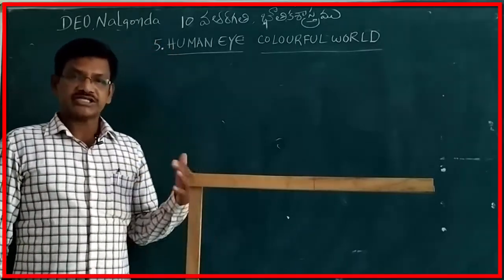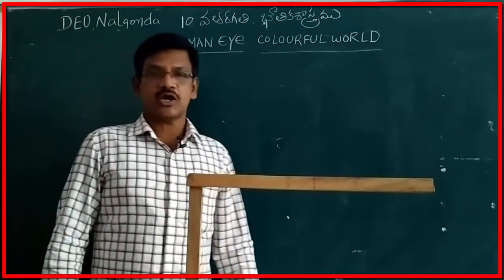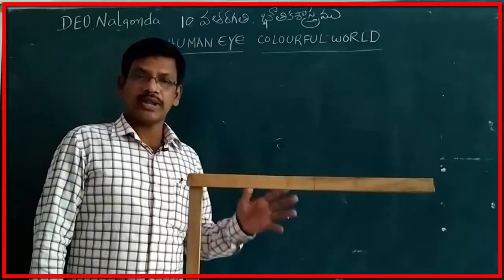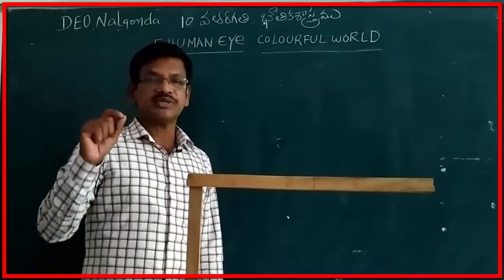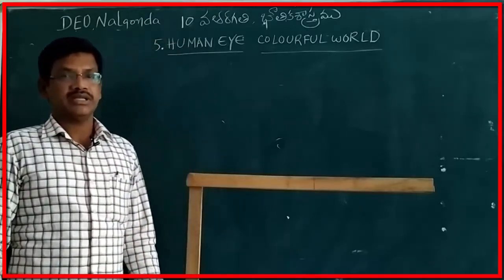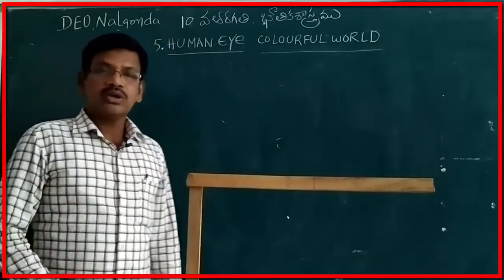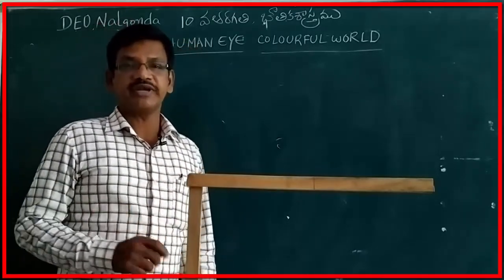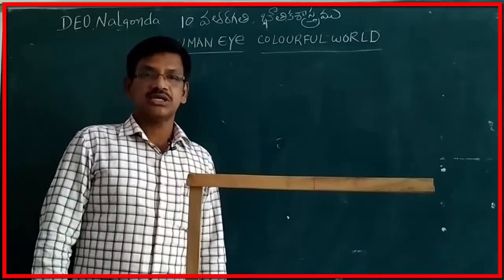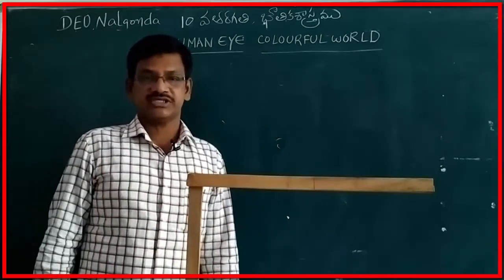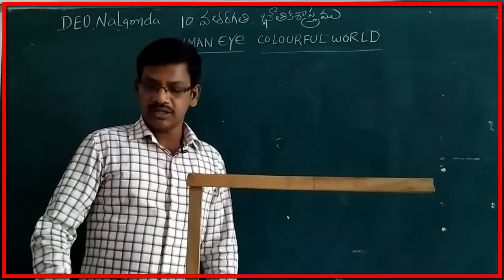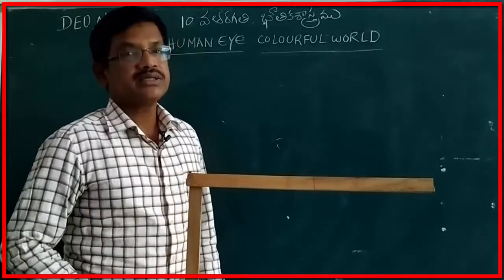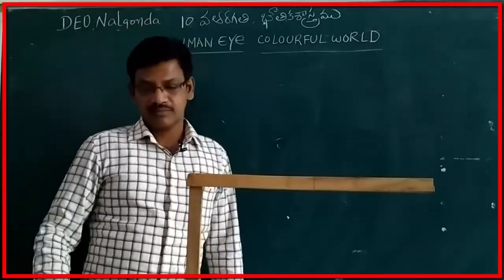So, to get these doubts clarified, we must learn the structure of the human eye and the working principle of the lens in the human eye. To get answers to all these questions, we do some activities. Among all, we first do one activity to understand the structure of the human eye.